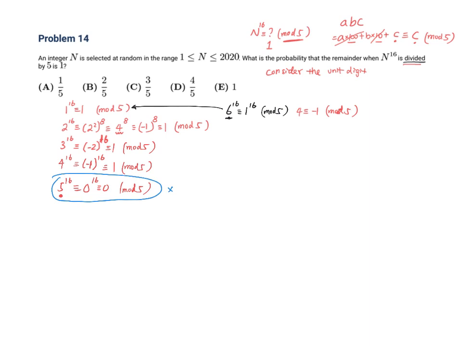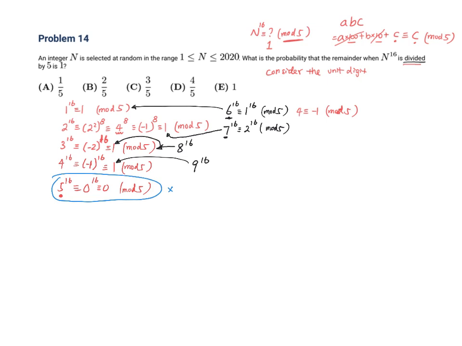If you look at 7 raised to power 16, because 7 is congruent to 2 mod 5, this is going to be the same as this result. Similarly, 8 raised to power 16 will be this result. 9 raised to power 16 will be this result.